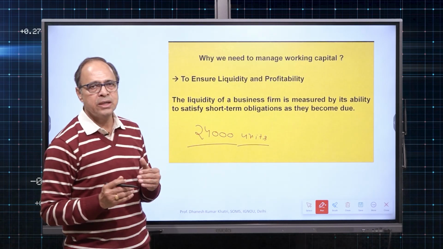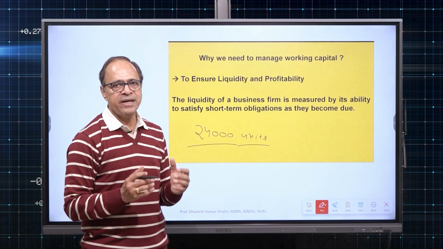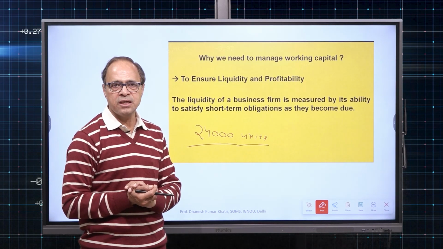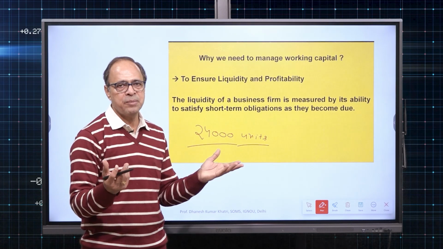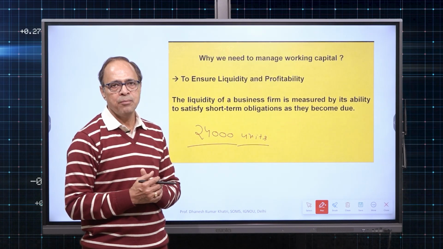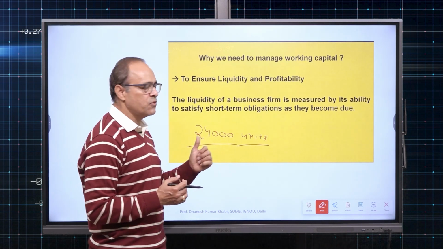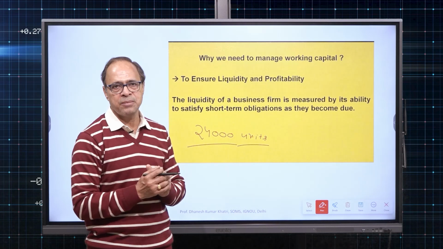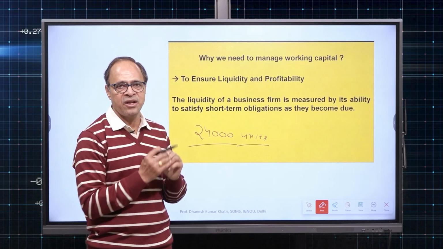And when we say we have to ensure liquidity, one might say procure the 24,000 units on the very first day of the year and just relax. Working capital management is not required then, but buying the 24,000 units in one go will require heavy investment in working capital, that is heavy investment in inventory.